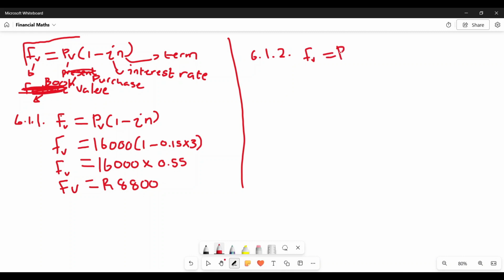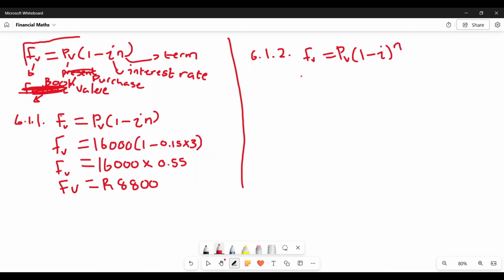which I can represent as FV equal to PV, then 1 minus I to the power n. So this is the formula for the reducing balance method. FV still represents our book value, PV still represents our purchase value, I the interest rate, and n the term, just like the previous question we answered.